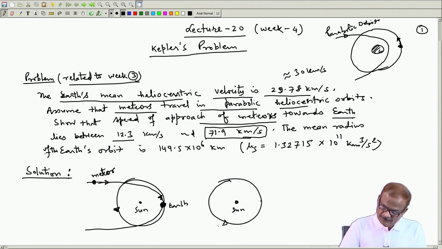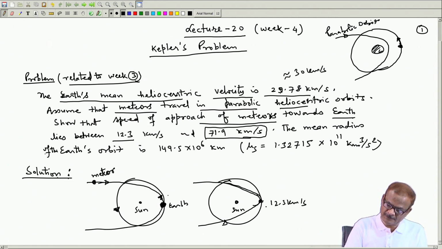If the meteor is going from this direction and they are meeting and crossing each other here, the Earth will go here and the meteor will also go here. So, the velocity of approach in that case will be 12.3 kilometers per second, this we have to show, and in the other case 71.9 kilometers per second.